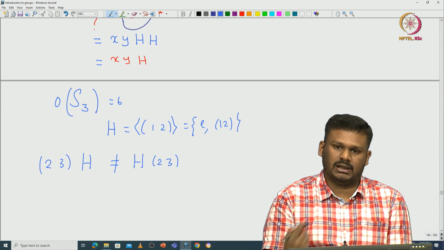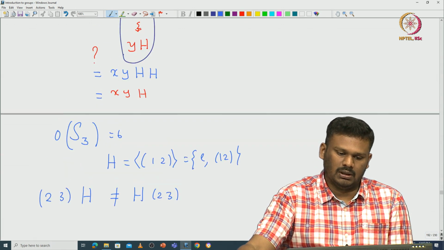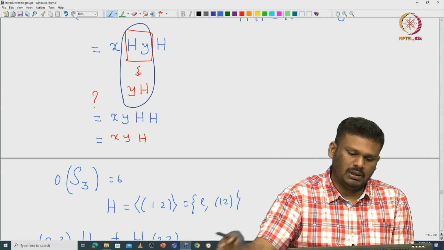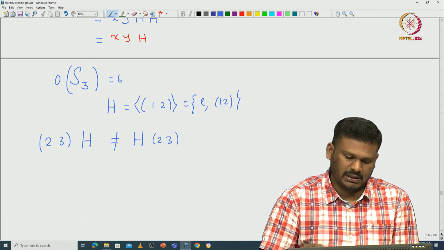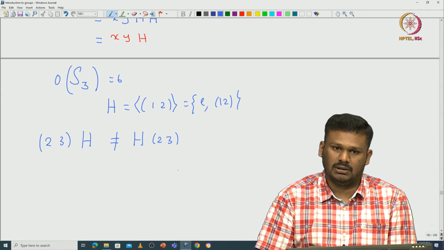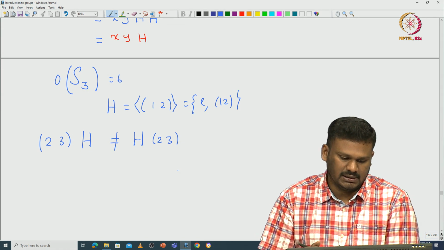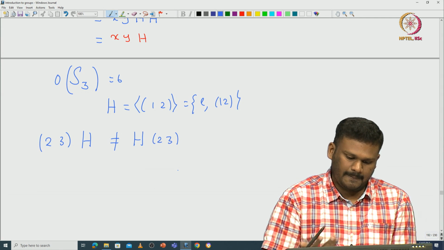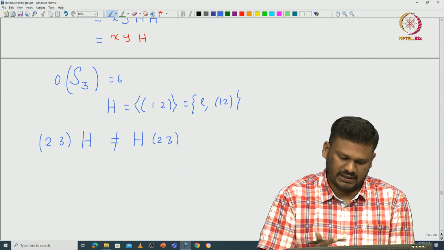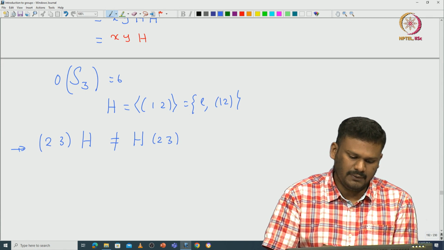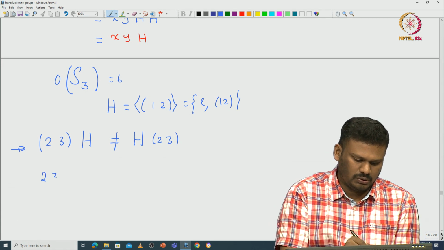The left coset and right coset may not be equal always. Here we demand that they should be equal, but in this case you can see that they may not be equal in general. And in most non-abelian groups, it is not hard to find examples of subgroups like this. So, what is (2 3)H?